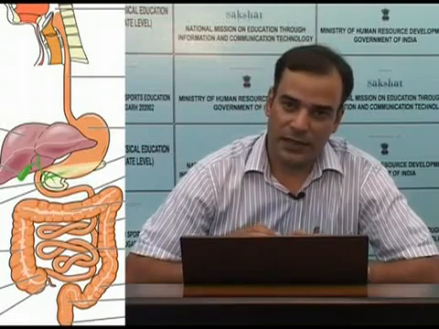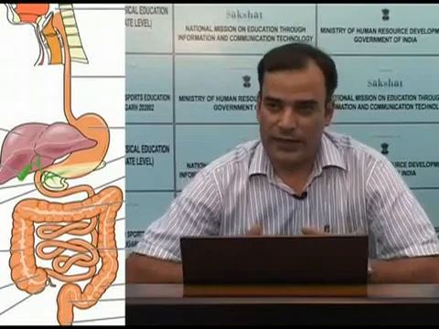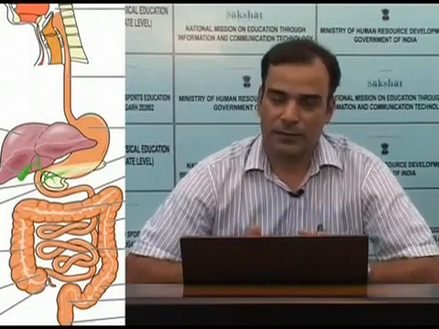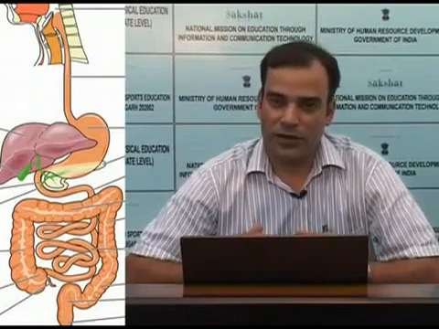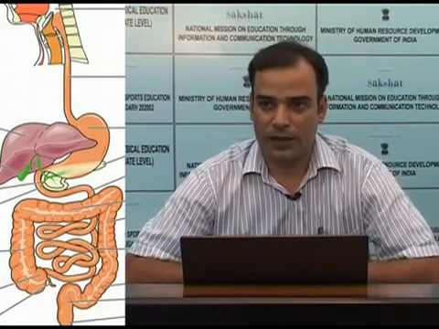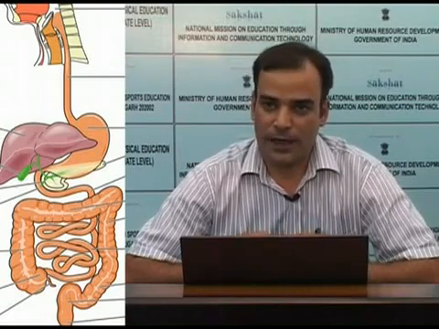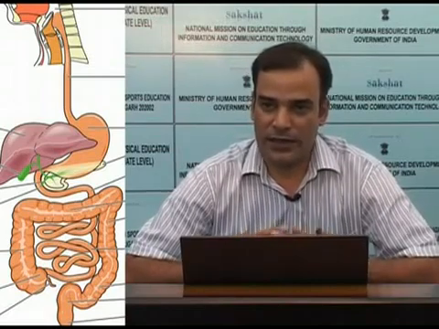The muscle layer is further divided into 2 layers. The outer muscular layer has fibers that are longitudinal, which is why it is called the longitudinal muscle layer. Inside the longitudinal muscle layer is the circular muscle layer. After the muscle layer is the submucosa, and the innermost layer is the mucosa.